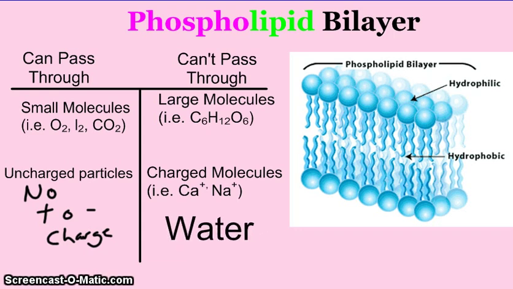So if you look at this list, you might be thinking to yourself, that's strange. I know the cell needs glucose. I know the cell needs water. And if they can't get through the phospholipid bilayer, then how do they get into the cell and out of the cell?